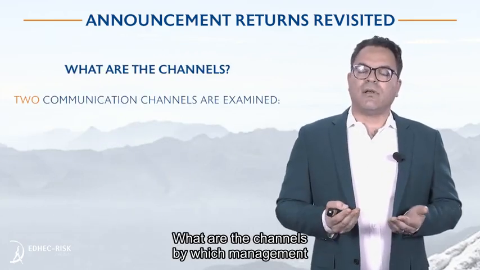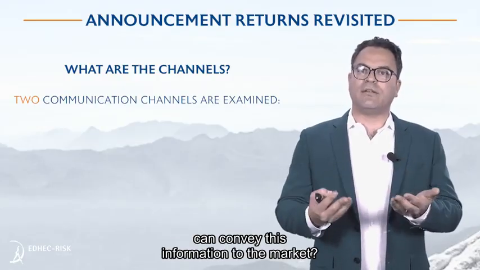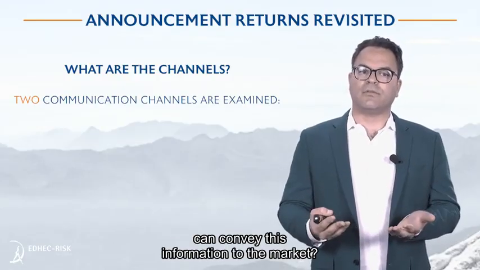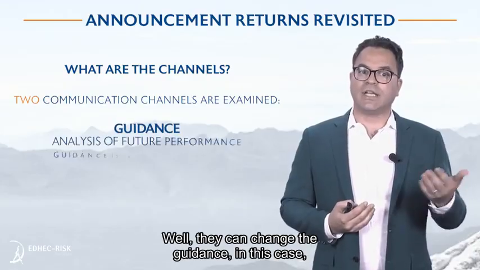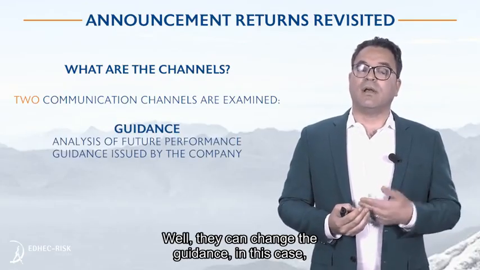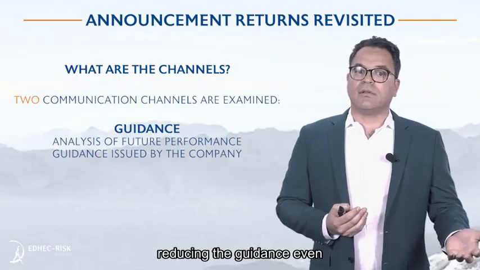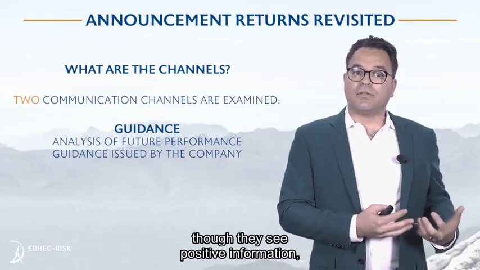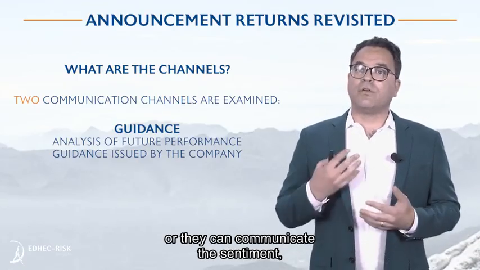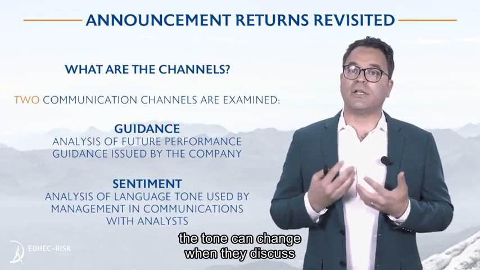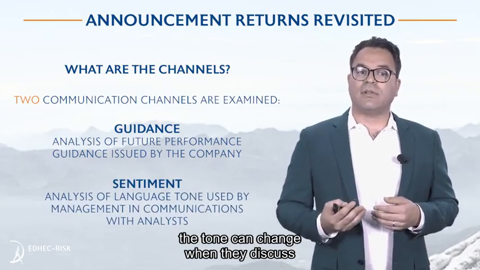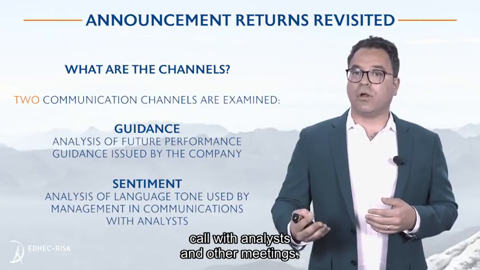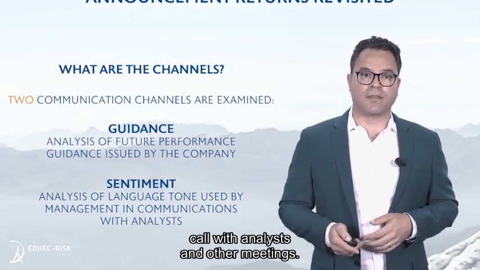What are the channels by which management can convey this information to the market? Well, they can change the guidance, in this case reducing the guidance, even though they see positive information. Or they can communicate the sentiment: the tone can change when they discuss the earnings in the earnings call with analysts and other meetings.